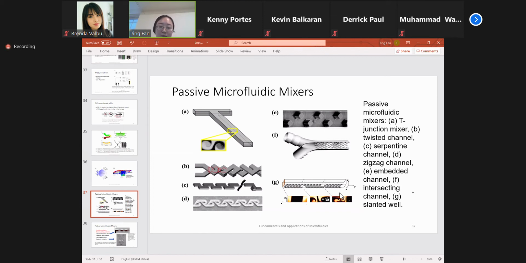But when the Reynolds number is above this critical number 80, we start to have recirculation inside the channel that induces chaotic mixing. So it requires that the Reynolds number must be higher than 80 in this case.